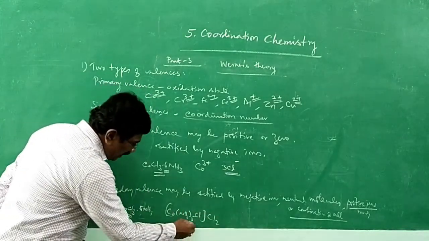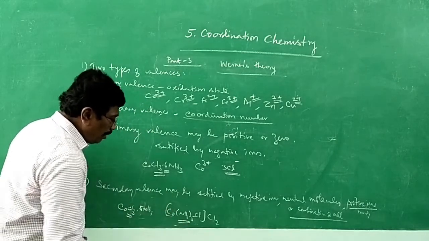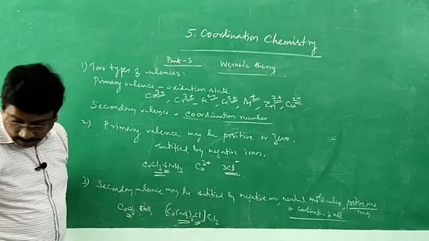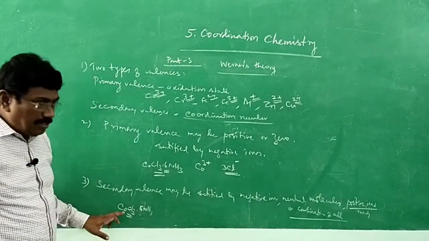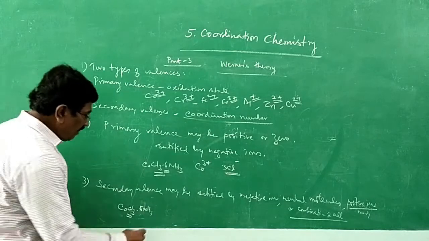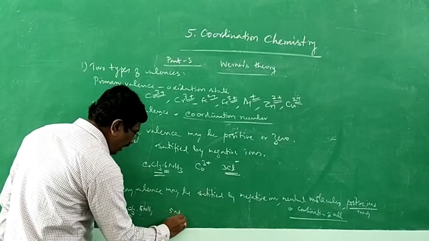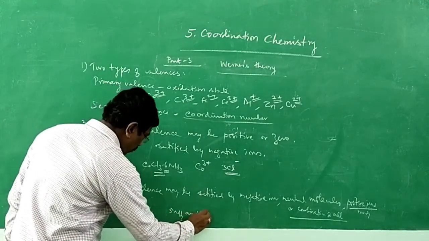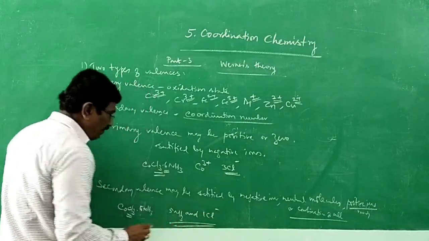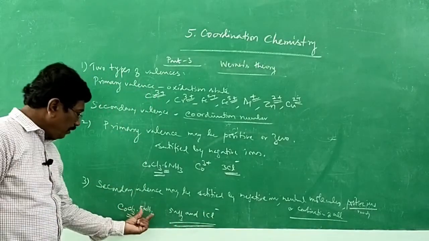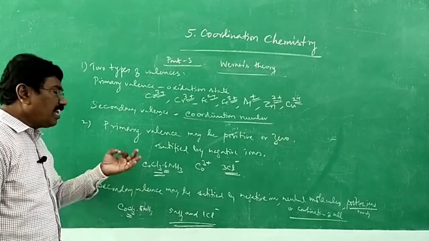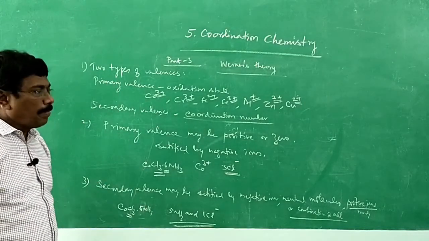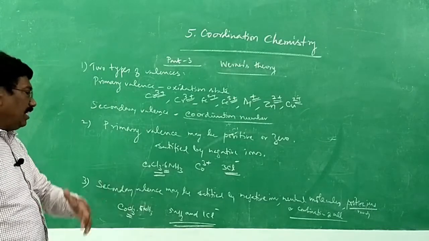That means it is satisfied by 5 neutral molecules and 1 negative ion. So it is a combination. In this particular compound, secondary valence is satisfied by 5 ammonia and 1 Cl minus. Secondary valency may be satisfied by neutral molecules or negative ions or both. Very rarely positive ions also come in, and we need not bother with that now.